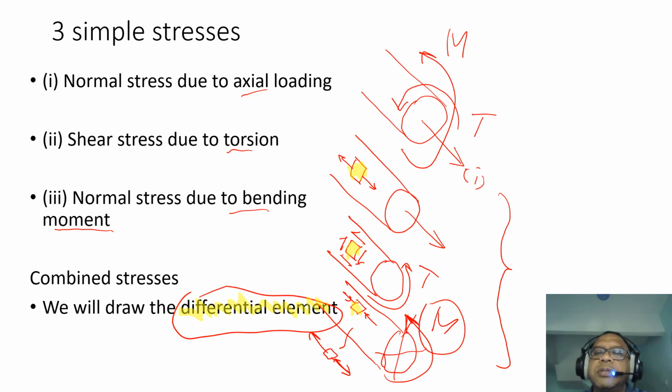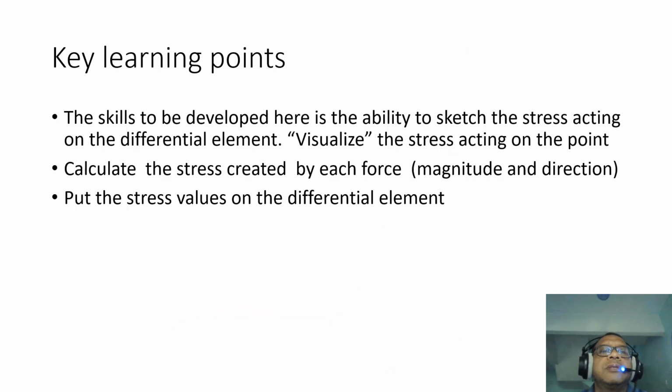Okay, so we'll do another example. The key learning point is for you to be able to sketch the stress acting on the differential element and your ability to visualize the stress.